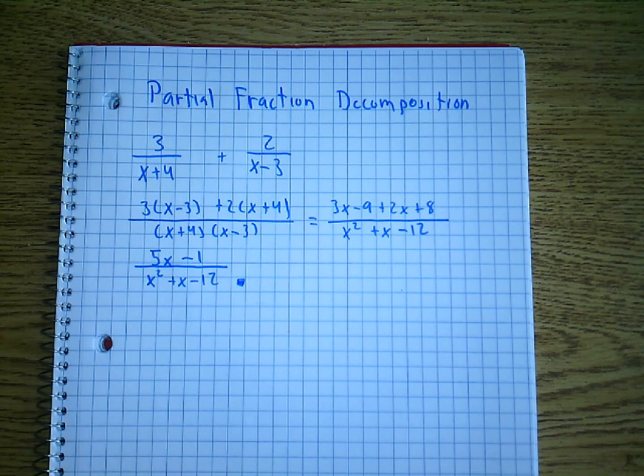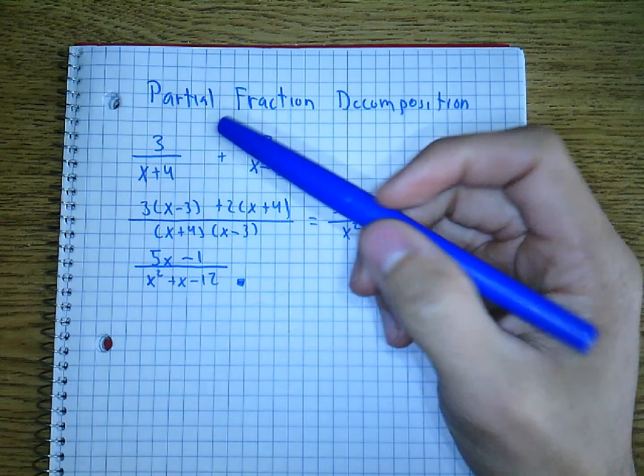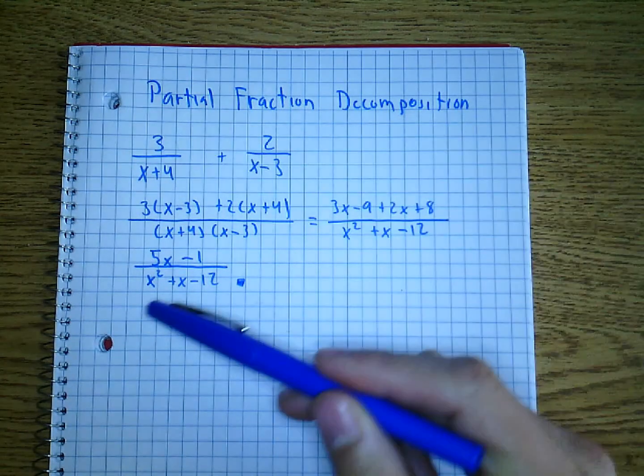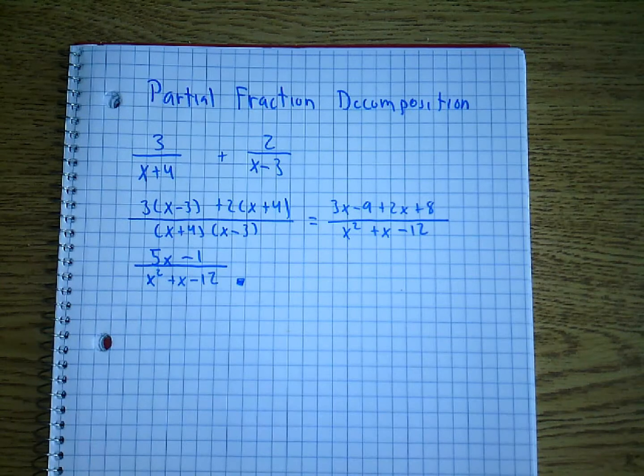So, for example, I came up with these two fractions. Do you think there are other two fractions that I can add that would give me the exact same thing? Kind of unlikely, guys. Actually, not really.